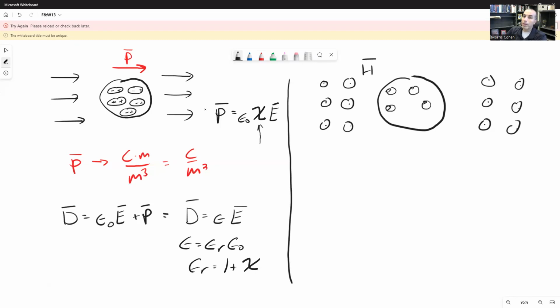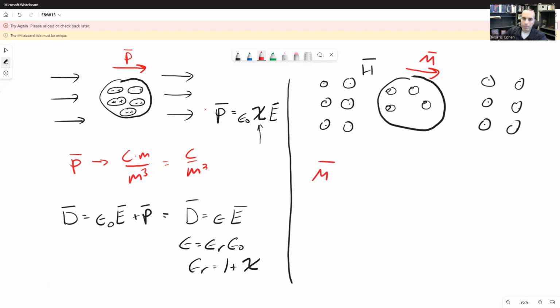So this spinning of the atoms in response, instead of a P, we're going to have a vector called M. M is a magnetic polarization. It's the degree to which we have lots of spinning circles or lots of current. And all those little currents are creating their own magnetic field as well.